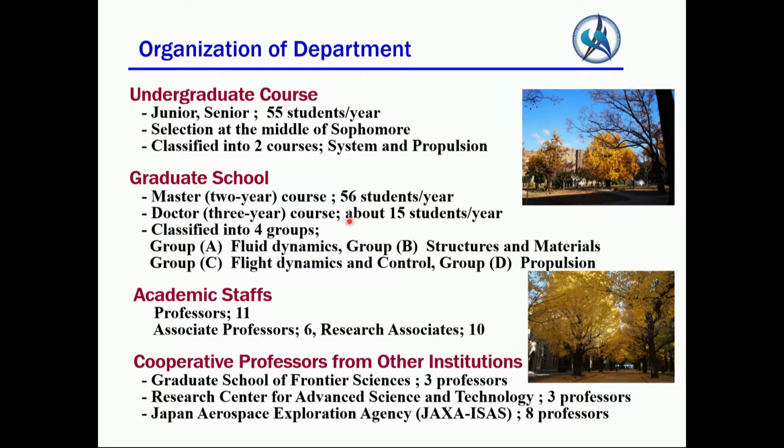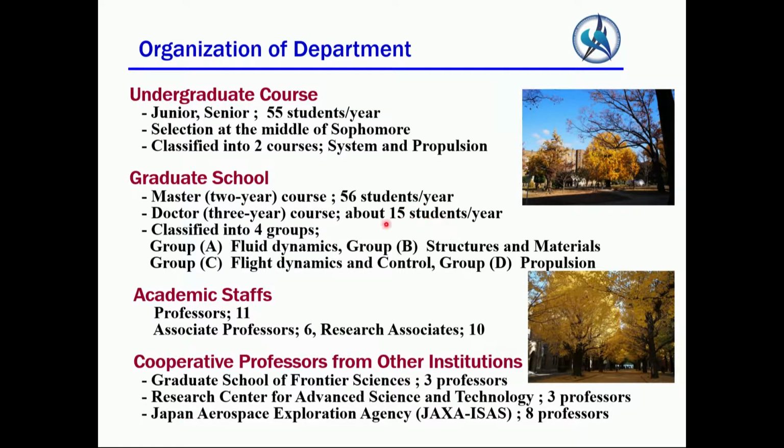And after that, we have a 3-year course for doctor. And we have about 15 students per year. That is changing year by year, but on average, we have about 15 students.